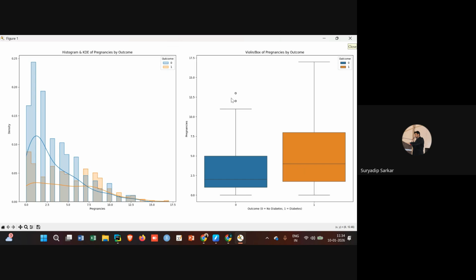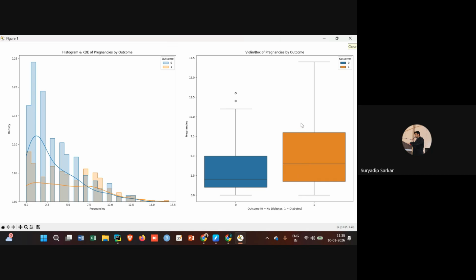The second observation is that among the individuals who don't have diabetes, the spread here is much smaller. So there is not as much variation with respect to pregnancy in people who don't have diabetes. However, there is a much larger variation with respect to pregnancy in people that have diabetes.